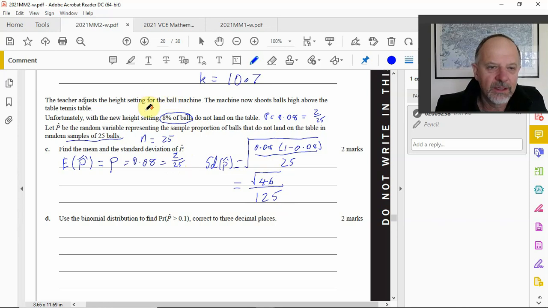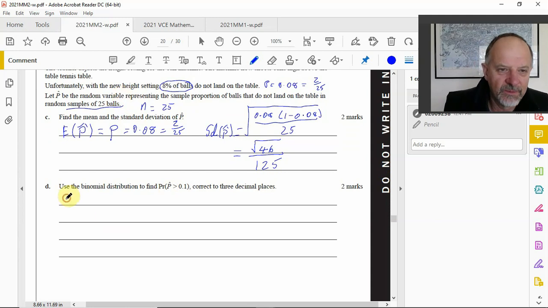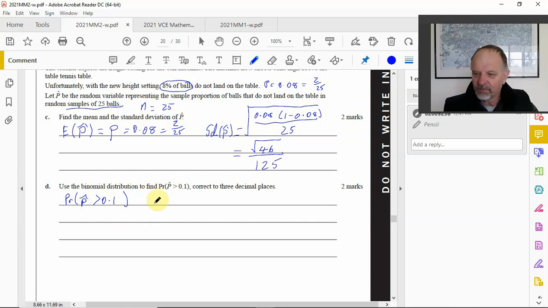All right, so use the binomial distribution to find the probability that the proportion is greater than 0.1. So we want the probability that our proportion is greater than 0.1. All right, so what does that mean? Proportion is the number that we have over the 25.